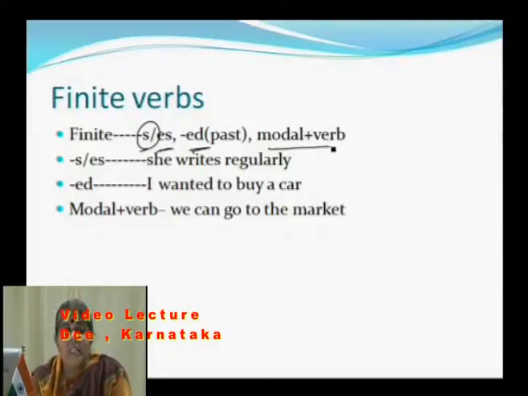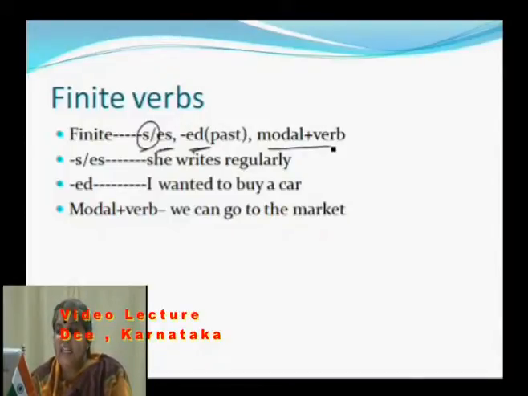So, it takes 3 suffixes. What are they? s, es. The third one ed, that too in what tense? The past tense. And the fourth way to identify a finite verb is that it has this formula, modal plus verb. Now, let us look at the sentences.